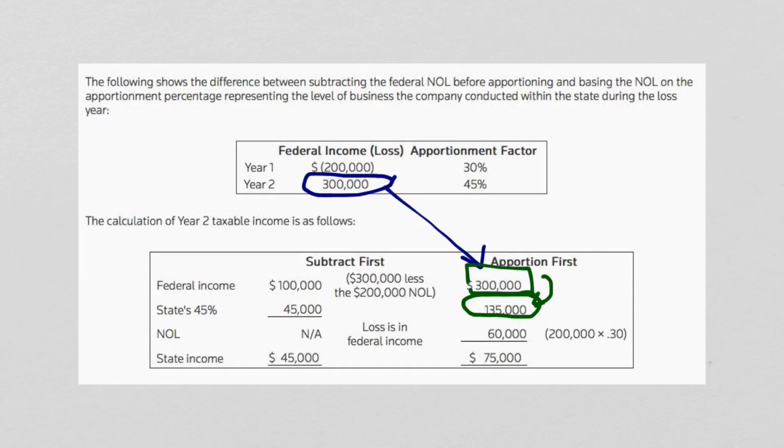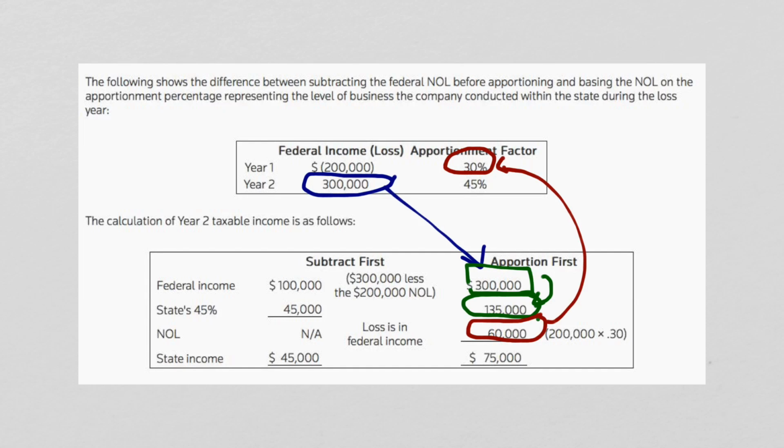Then go to the net operating loss on the federal return and apply the apportionment factor that existed in the year that the NOL was created, which is probably a more fair way to look at things. So it goes back to this year.